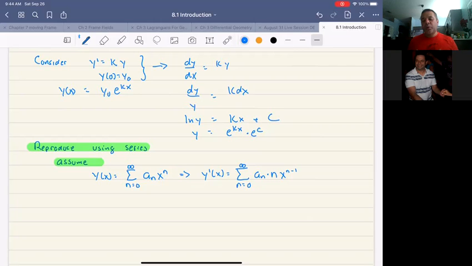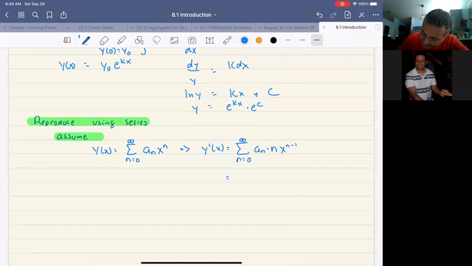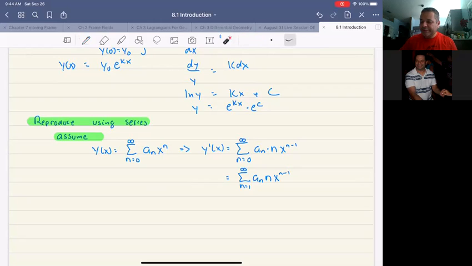Now one of the things we're going to notice is that some things go away. This is the same as n equaling 1 to infinity of a sub n times n x to the n minus 1. And why is that? Because when n equals 0, this n is just 0. So the first term can go away.